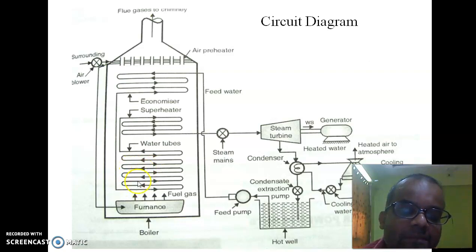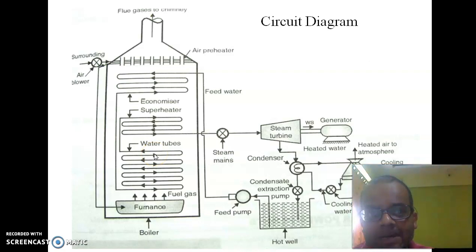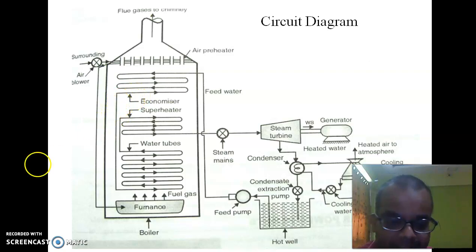Now the flue gases do not pass in a haphazard manner, but are passed through a prescribed path, and they will heat all the water tubes evenly, and the water will be converted into steam.